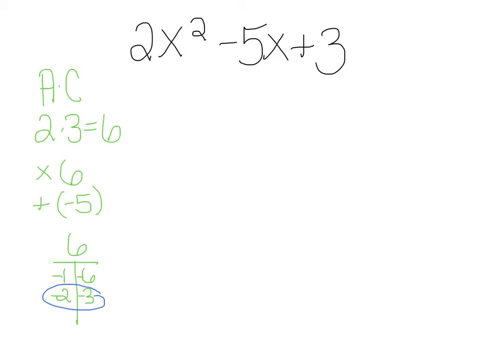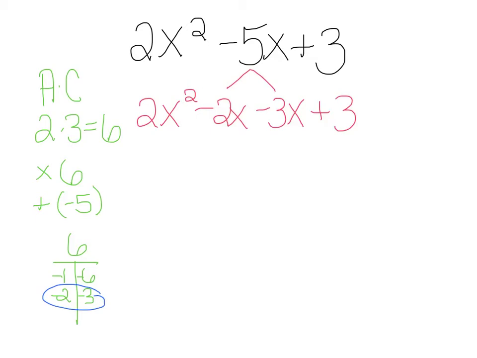I don't know that these are my factors, but what I do know is that I can replace negative 5x with those two terms. So negative 5x is going to become negative 2x and negative 3x. I'm going to leave everything else the same, so I have 2x squared minus 2x minus 3x plus 3. This gives me 4 terms instead of 3, and it makes it a lot easier to factor.